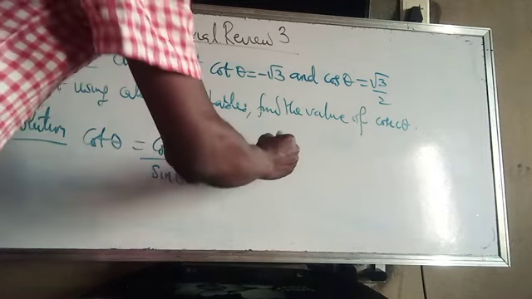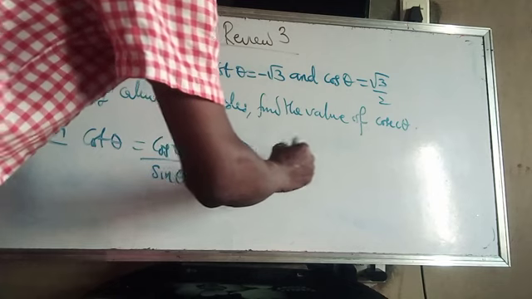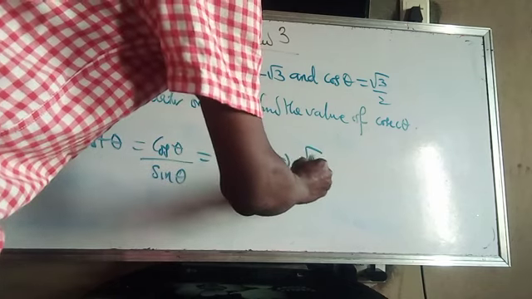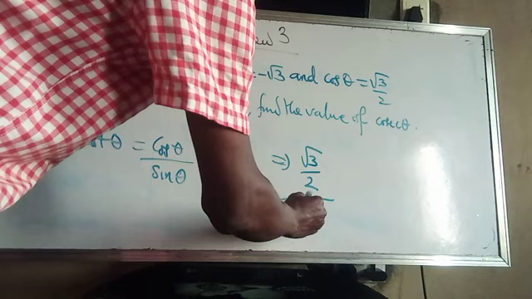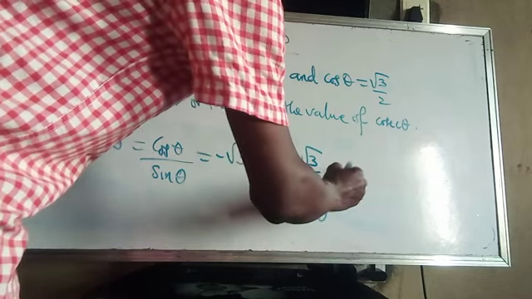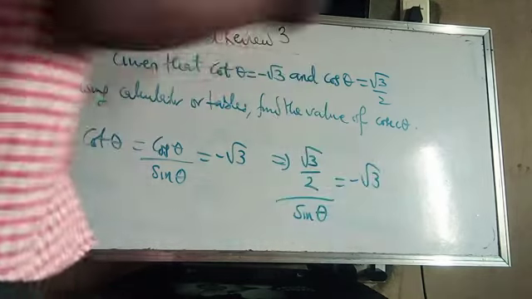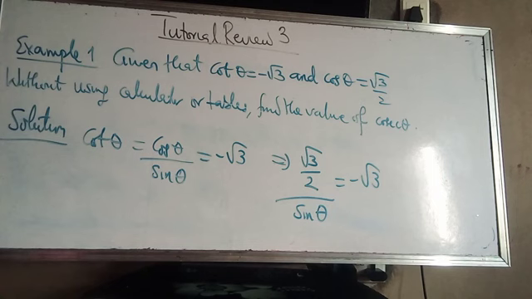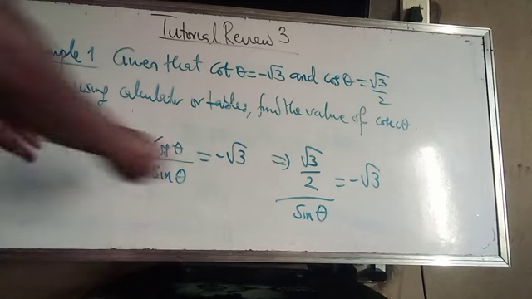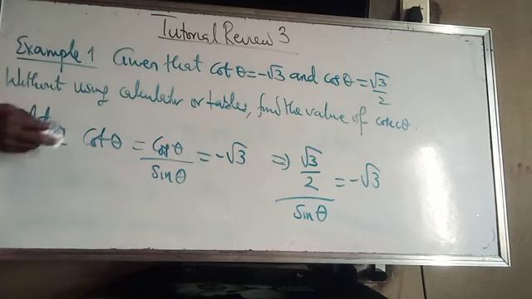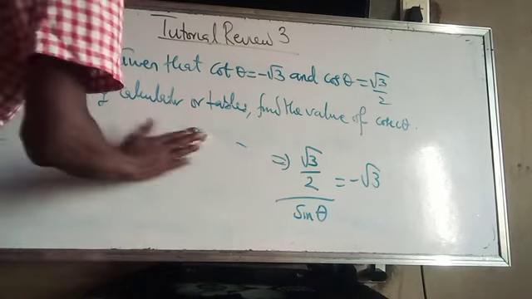So we can just write this as, this implies, root 3 all over 2 all over sine theta is equal to minus root 3. So the next thing now is to find sine theta. So how do we find sine theta?